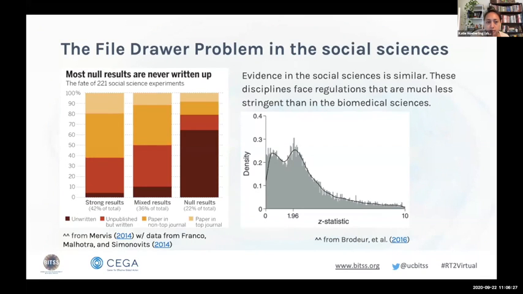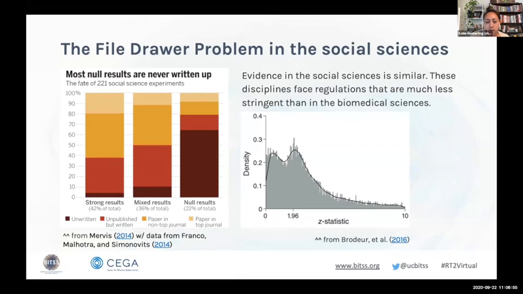We have several registries that Ted identified yesterday, but how much they're being used is often an open question. And there are very few incentives for using them aside from making your own research more transparent. So there aren't the kind of legally binding incentives that there might be for clinical trials.